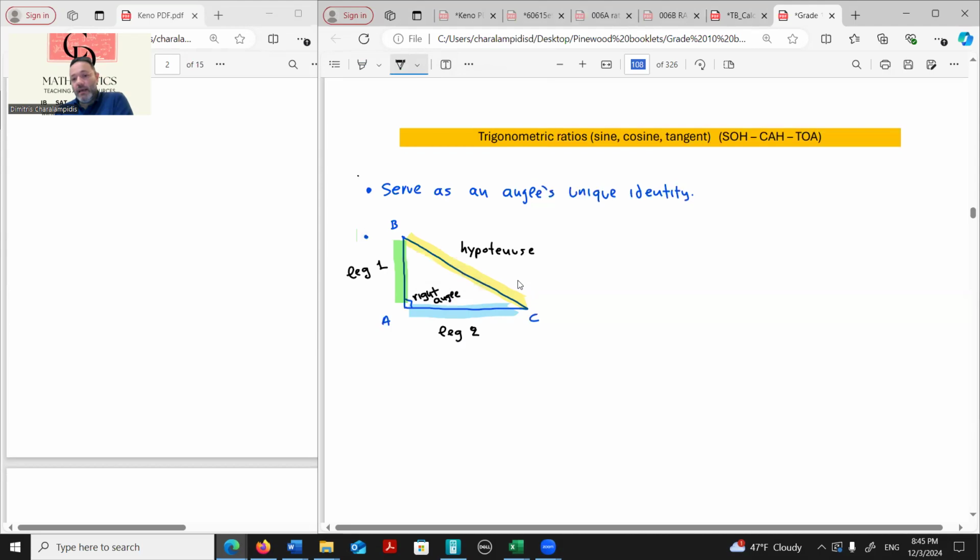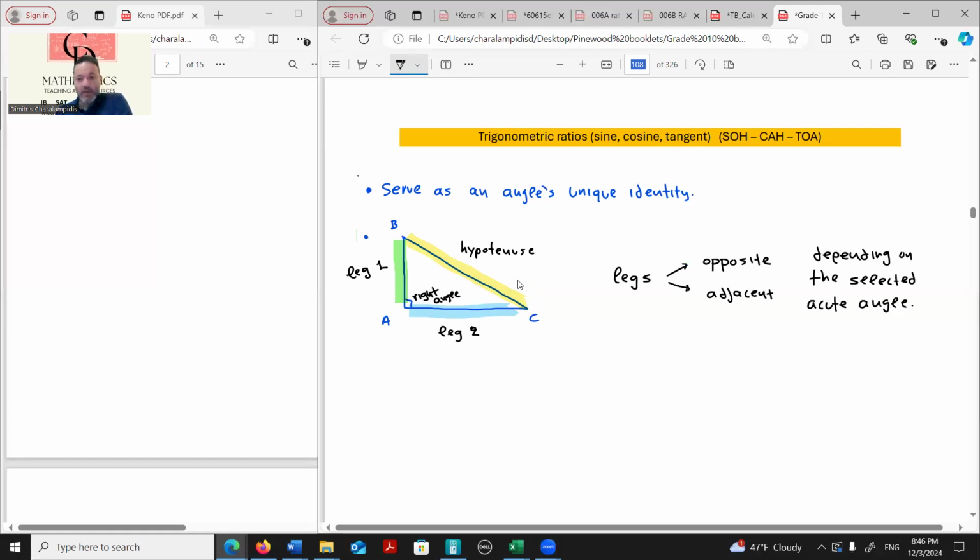Now, legs are further classified as opposite and adjacent, depending, however, on the selected acute angle.